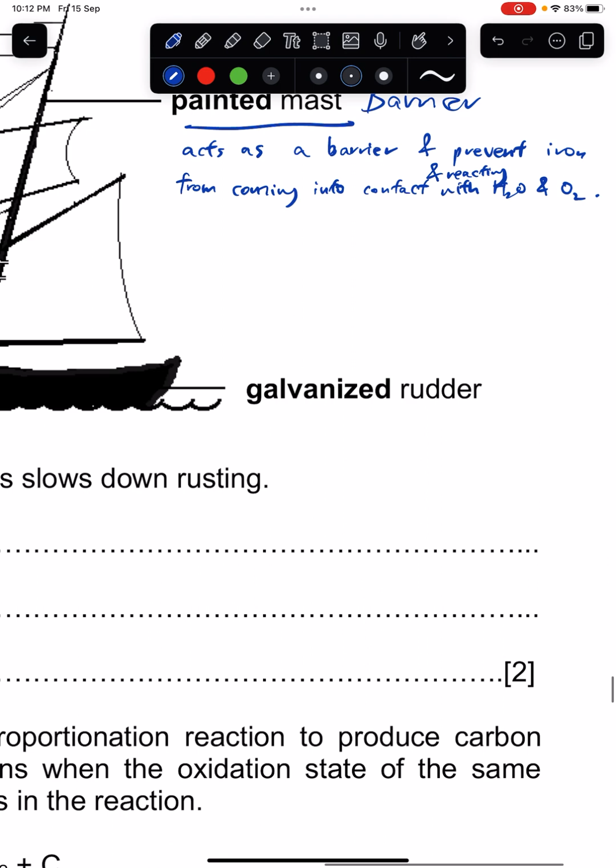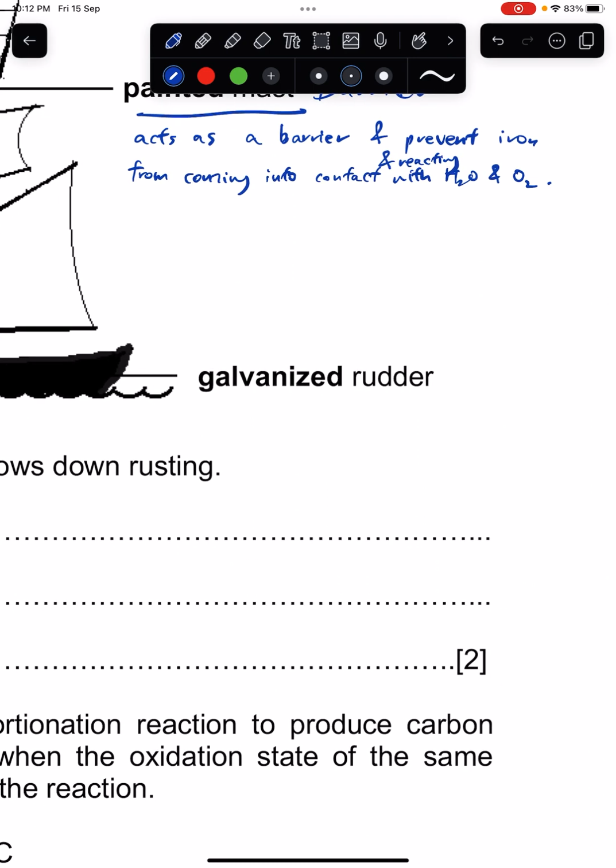Next, galvanizing. What is galvanizing? Galvanizing means using zinc, specifically a layer of zinc. So actually you compare in your series. Zinc is above iron.